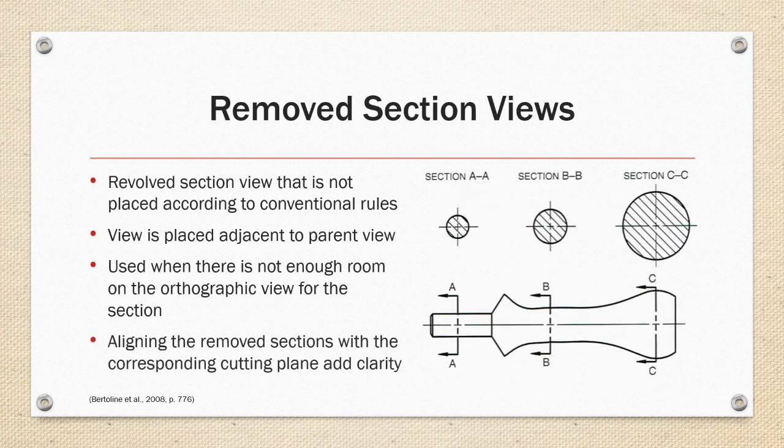Aligning these removed sections with the corresponding cutting planes can add clarity though, and is highly suggested. In the example on the right, section A is aligned with the cutting plane lines of section AA, and BB and CC follow suit.